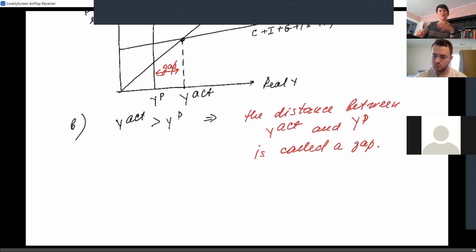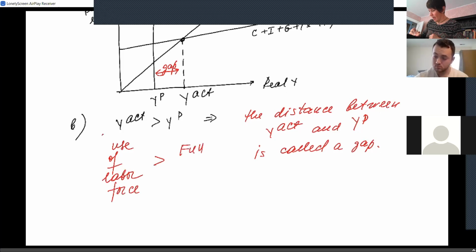If actual GDP exceeds potential, then the usage of the labor force exceeds full employment. Actual use exceeds full employment.